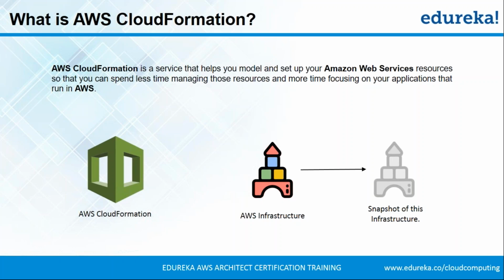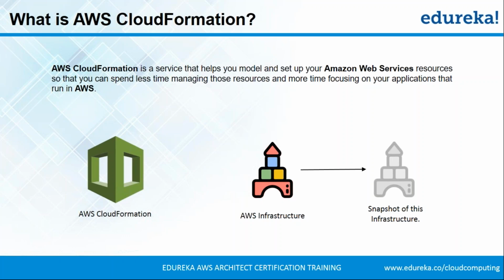So what will this do? First of all, your replication will be very precise, so there won't be any changes in the copies that you have made. Second, you'll be doing that quickly because you don't have to do the process all over again. You just have to click a button and that template will be launched in that region.